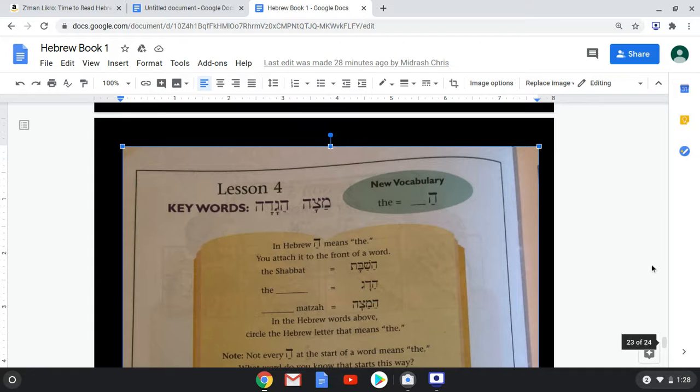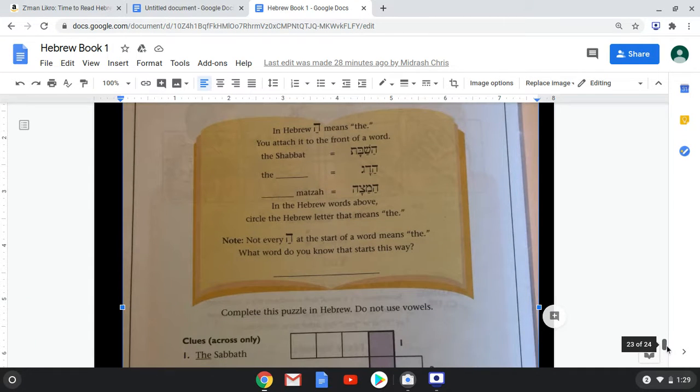Okay, what else do we have? There's a note. Not every hey with a patach at the start of the word means the. What word do you know that starts this way? So they're looking at Haggadah. Just because you have a hey and a patach, it doesn't mean that it's an article.